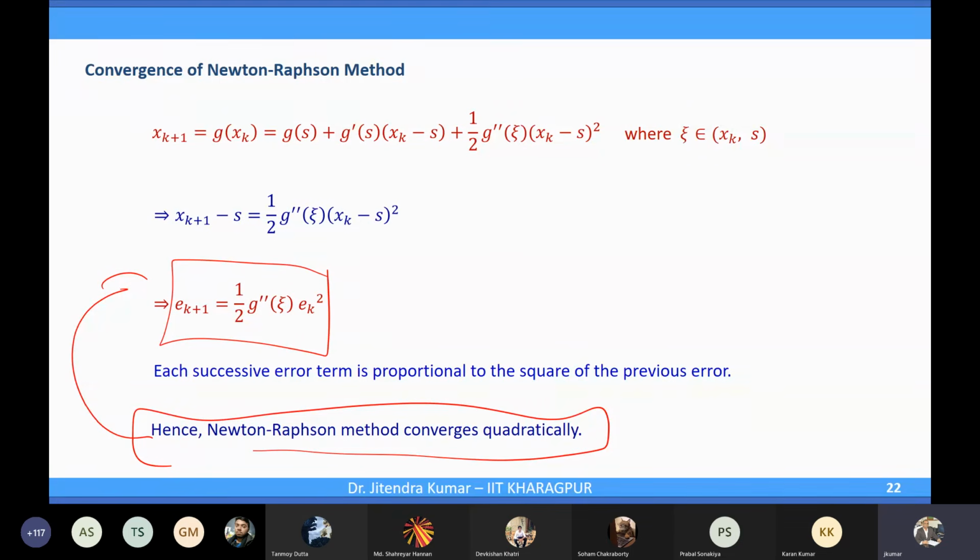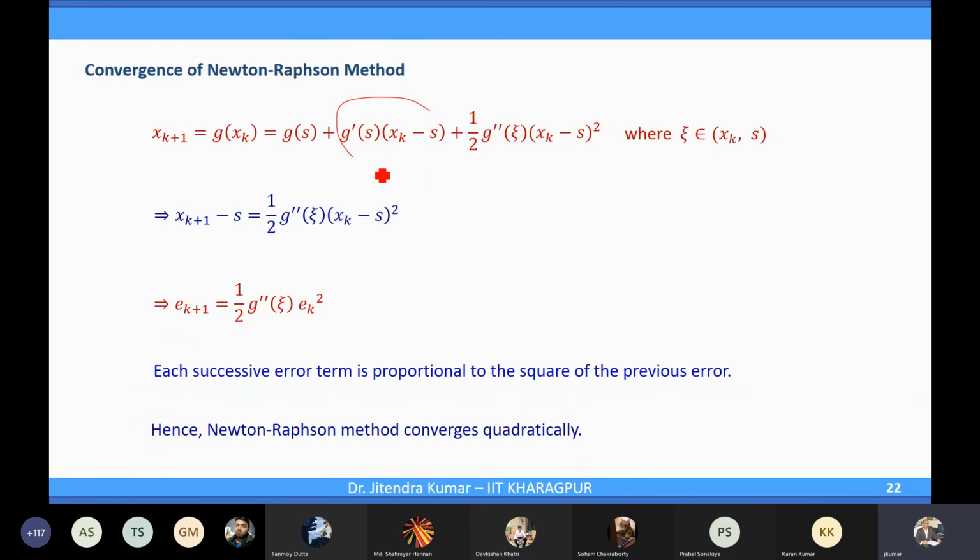What is the difference between a general fixed point iteration method and this one? In a fixed point iteration method, G prime of s may not be 0, and that is the advantage we are getting here for this higher order, where the error gets squared. Otherwise this would be a linear term.